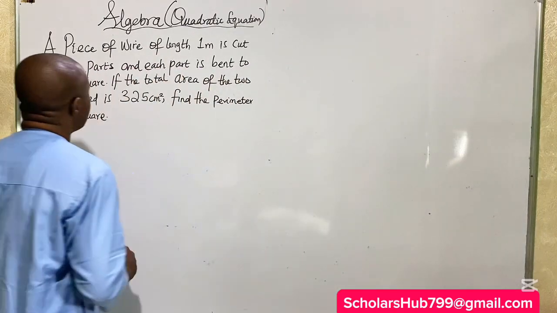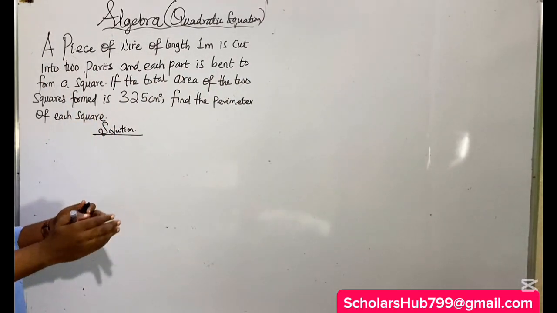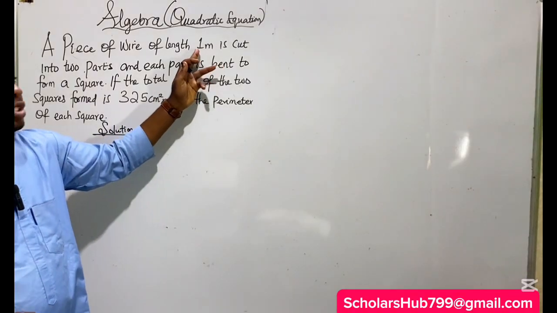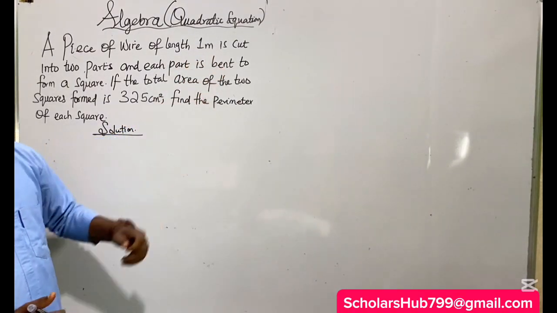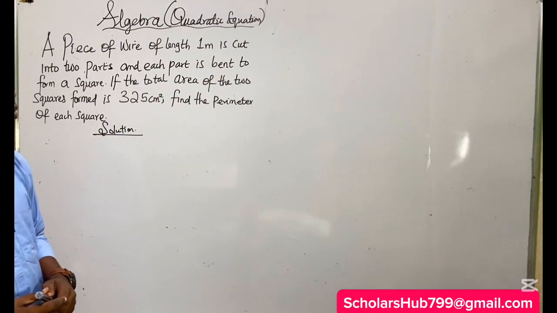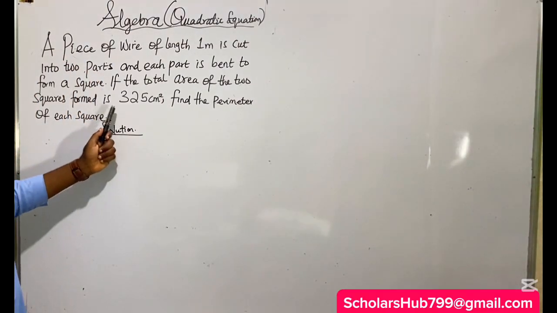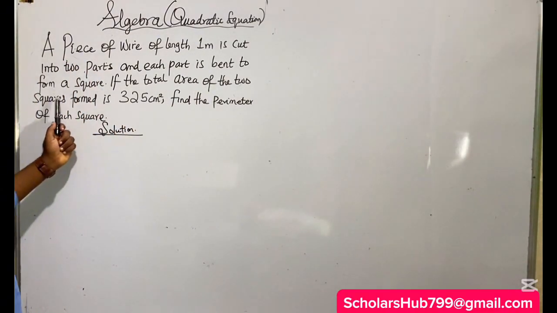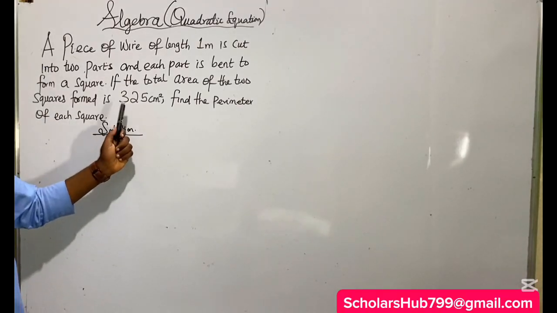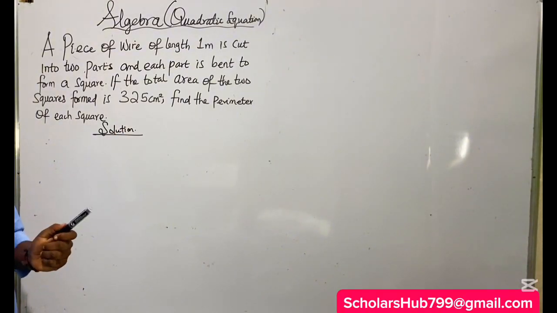So it is important for us to convert the 1 meter into centimeters. All units must be converted into centimeters because the total area of the two squares formed is 325 square centimeters.